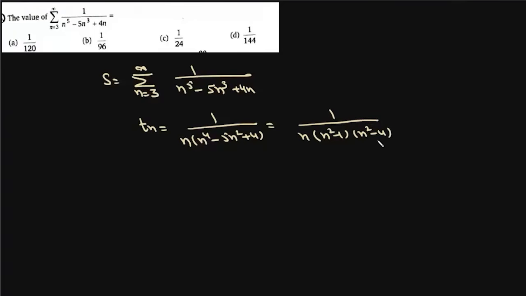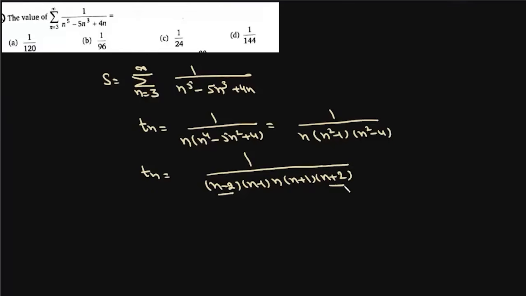Now this is a plus b into a minus b, so we can write its general term as 1 upon n minus 2, n minus 1, n plus 1, n plus 2. Now the difference between these two terms is 4.